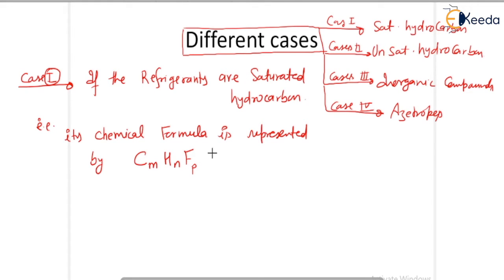These m, n, p, q are constant values. This is the chemical formula representation.